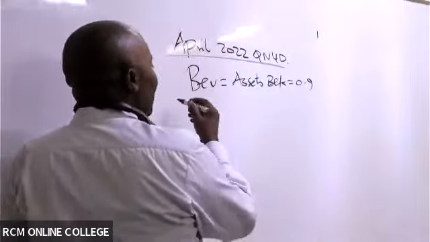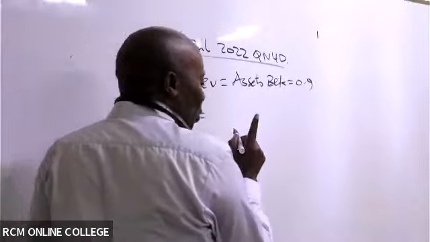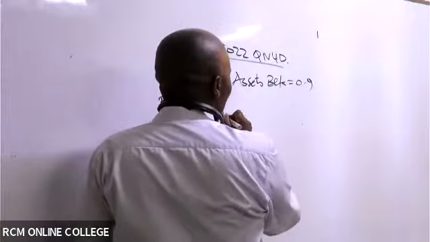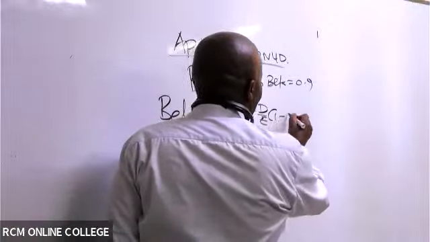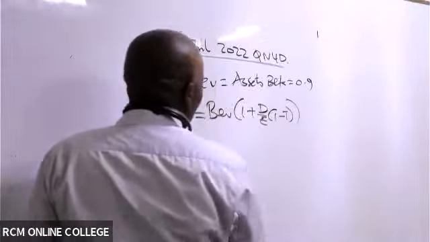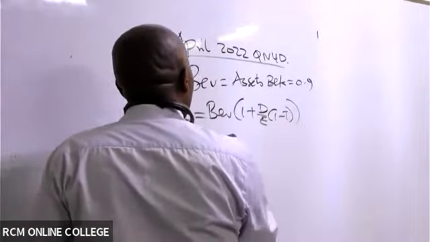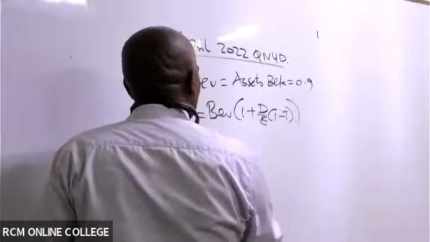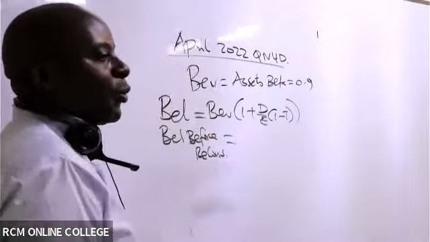Remember steps. Start with BEL. Using Hamada's model, BEL will be equal to BEU into 1 plus D over E, into 1 minus tax. So give us BEL before reconstruction.